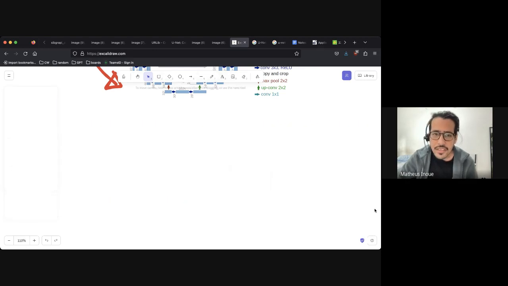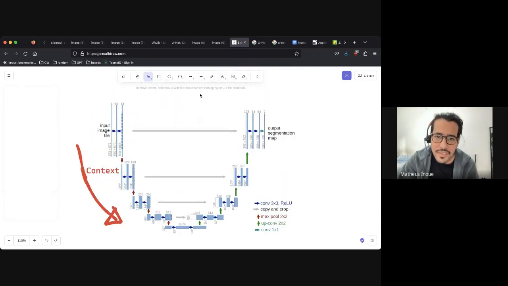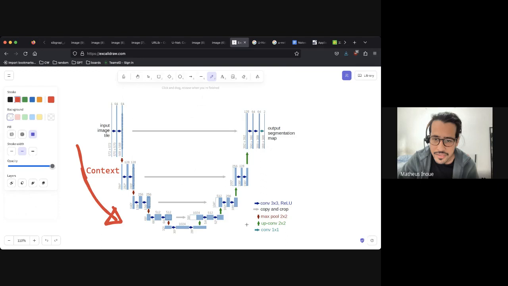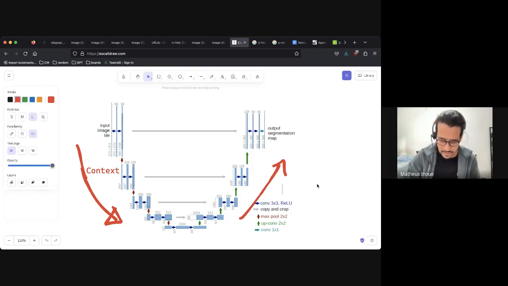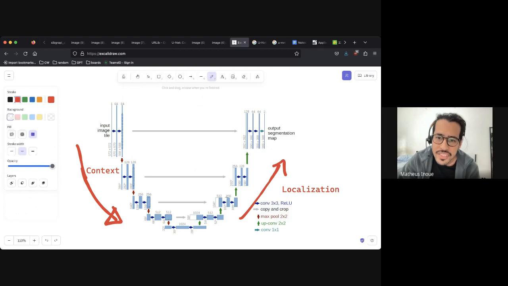Yeah. So for this, they have this other path here, which is the path where, in the abstract, the authors talk about localization. So basically here we are upsampling the image, and with this we are able to get an image that is not the same resolution but a very similar sized resolution of the image.